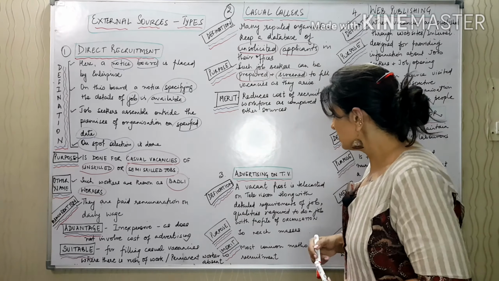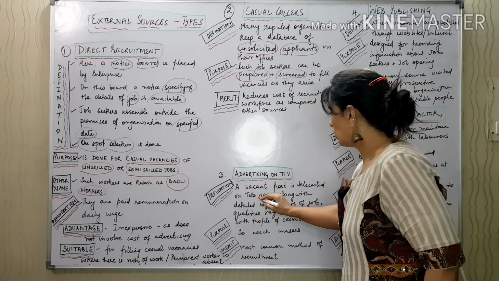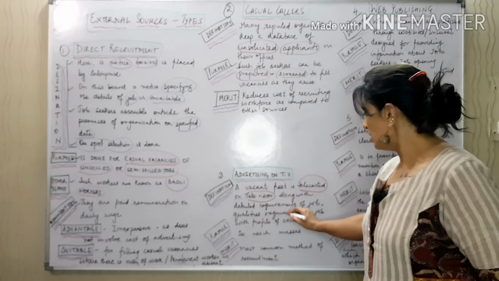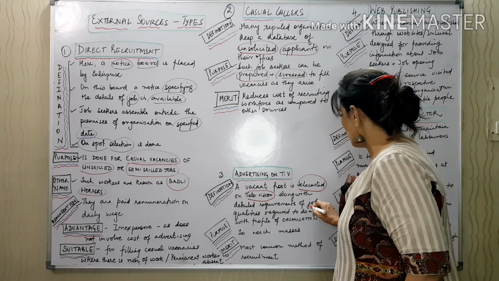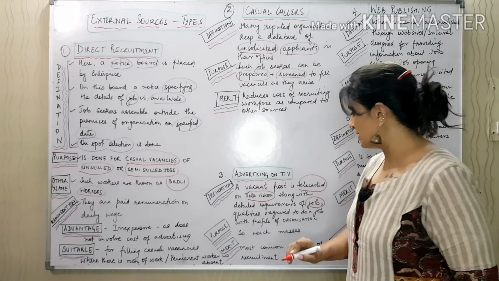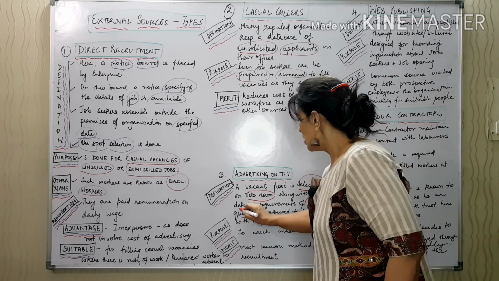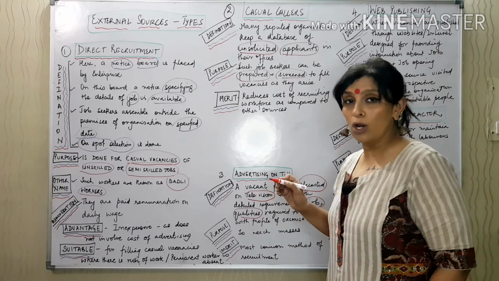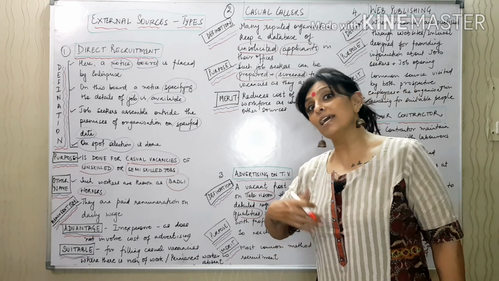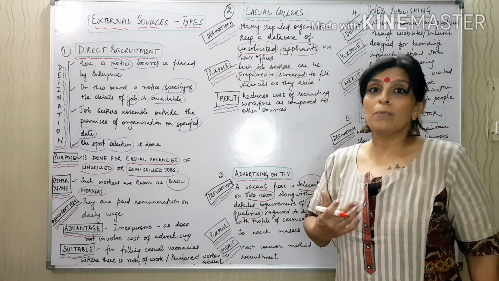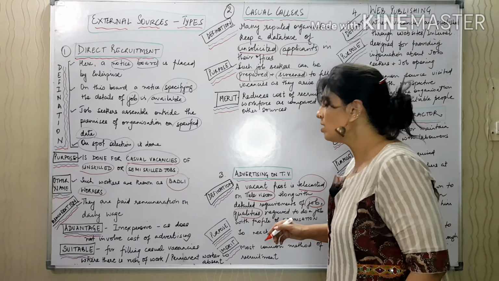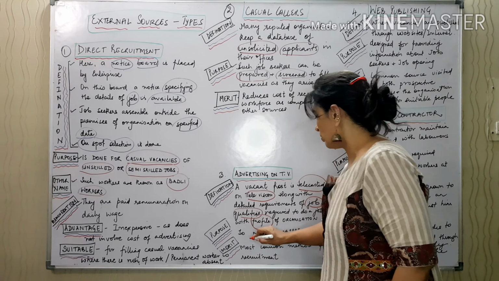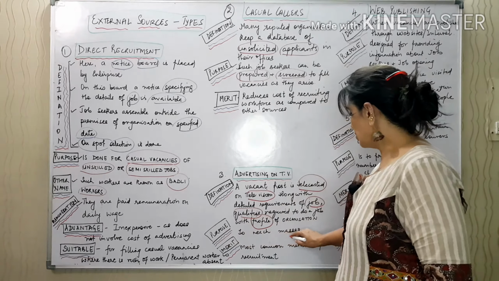So what they do is, a vacant post is telecasted on television, along with the detailed requirements of the job. So what kind of job is to be done, that is given there. Qualities required to do the job, so the person should have those kind of qualities. Along with that, the organization tells its profile also, because people may or may not like to apply for that particular job in that particular organization. The purpose is to reach the masses.